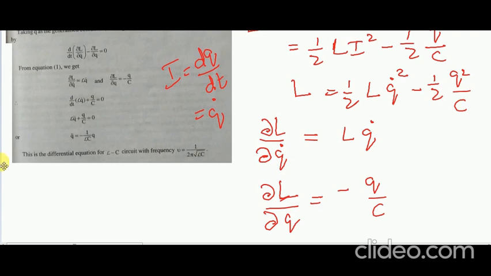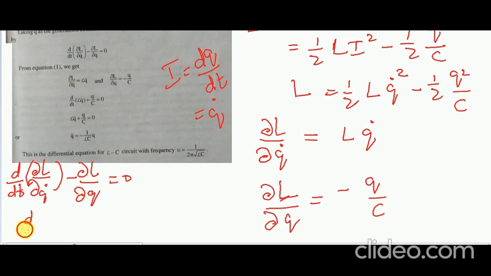Now applying this in the Lagrange equation, what is that? d by dt of dou L by dou Q dot minus dou L by dou Q is equal to 0. Substitute: d by dt of L Q dot minus of minus Q by C equal to 0.